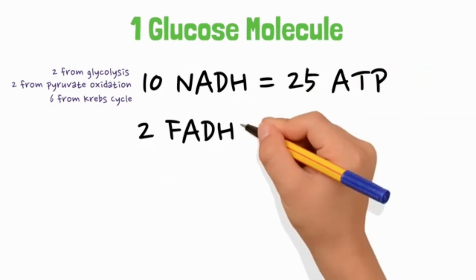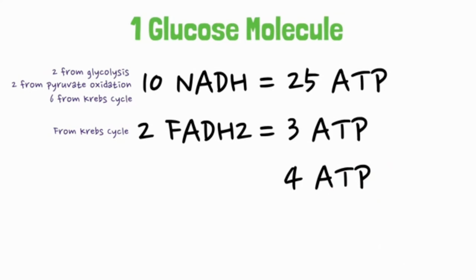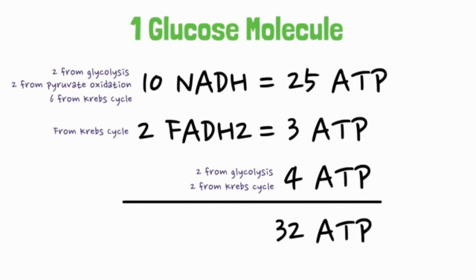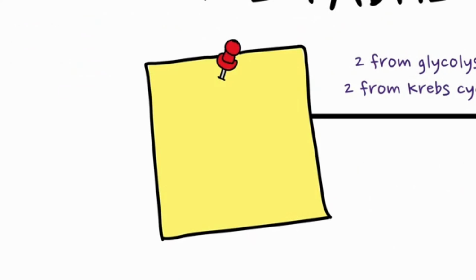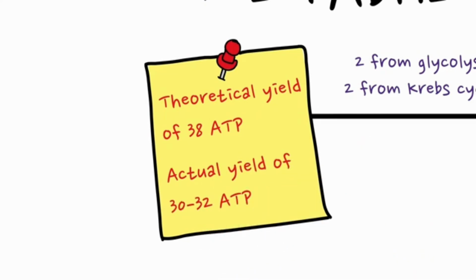We also have 2 FADH2 from the Krebs cycle, which produce 3 more ATP, and finally we have 4 ATP molecules, 2 ATP from glycolysis and 2 ATP from the Krebs cycle, for a grand total of 32 ATP from a single glucose molecule. It's very important to note here that there is a theoretical yield of 38 ATP, but conditions in the cell put the actual yield between 30 and 32 ATP.